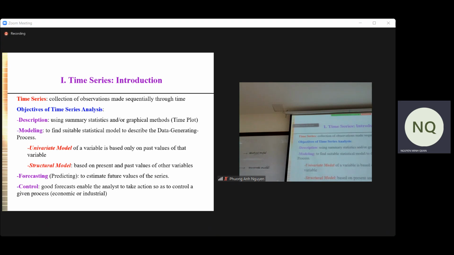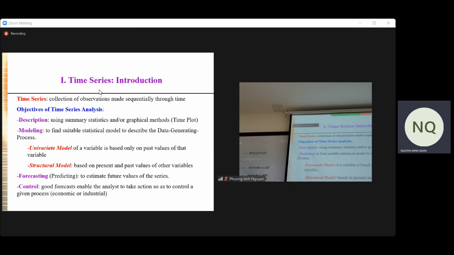For example, when you have a system of equations, we call it the VAR model, vector autoregressive model, a combination of both structural and univariate models.